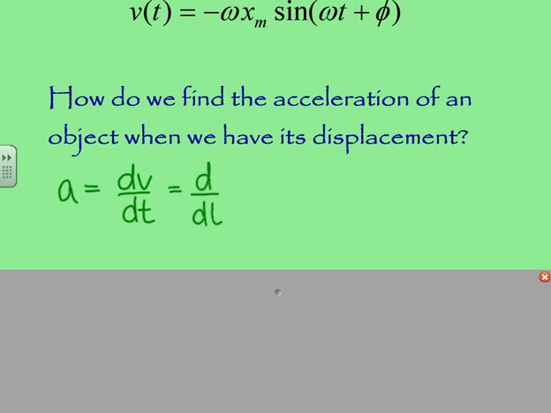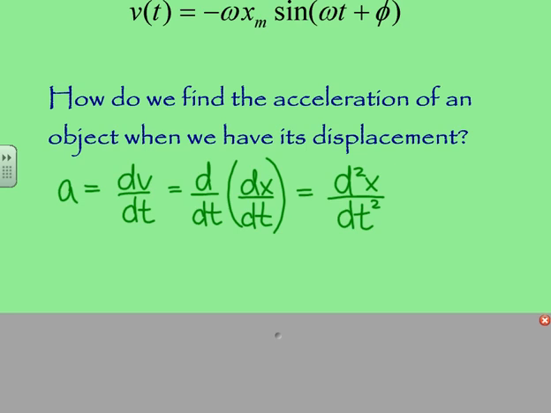So that's d/dt of dx/dt. It's the derivative of a derivative. We can express that as d squared x over dt squared. Let's take the derivative of this velocity function.